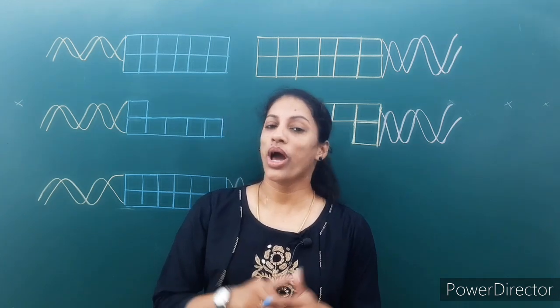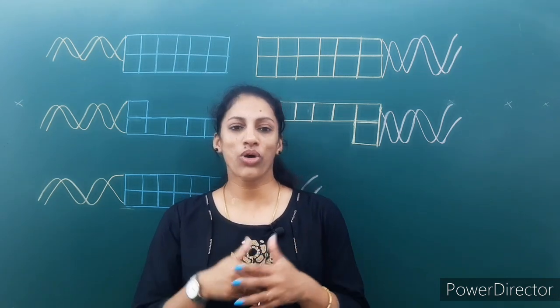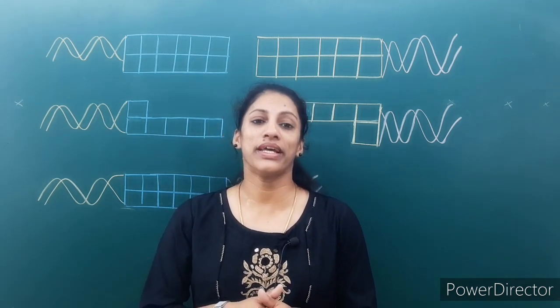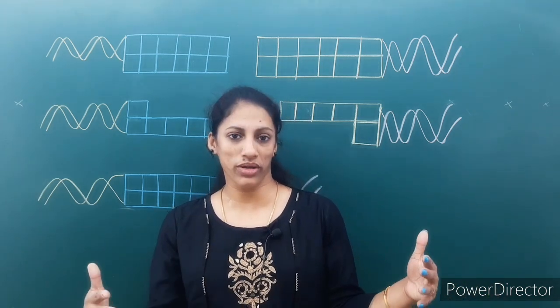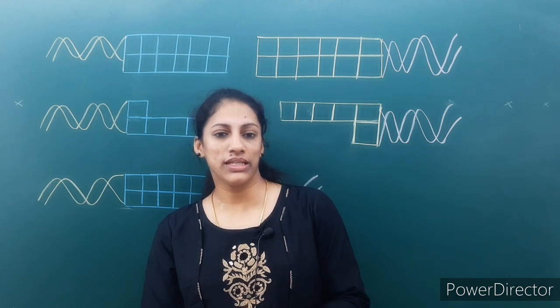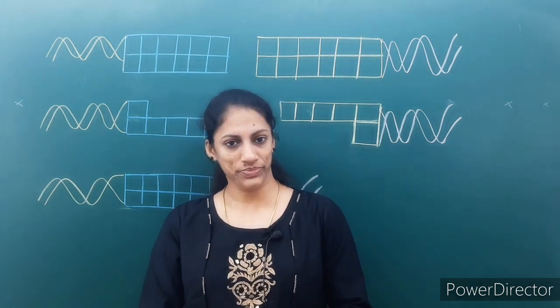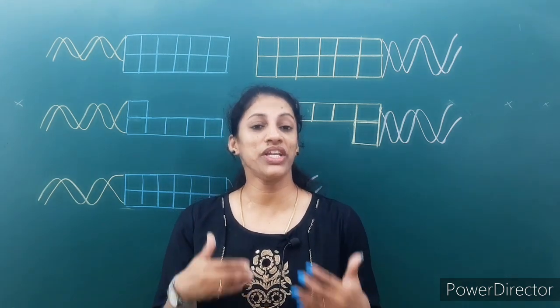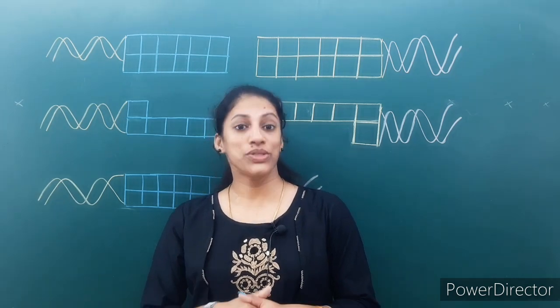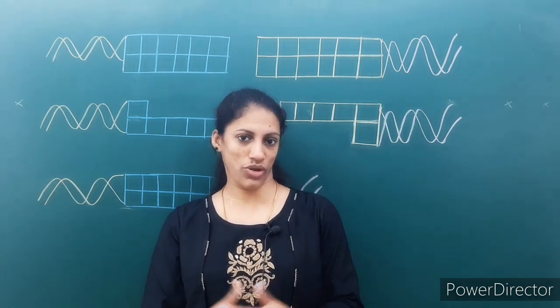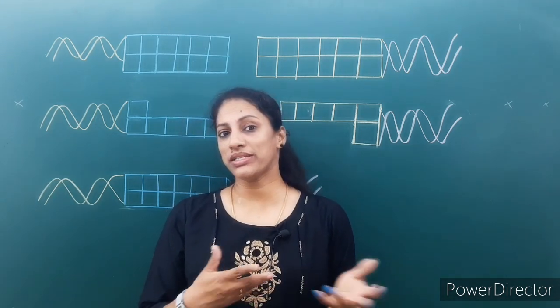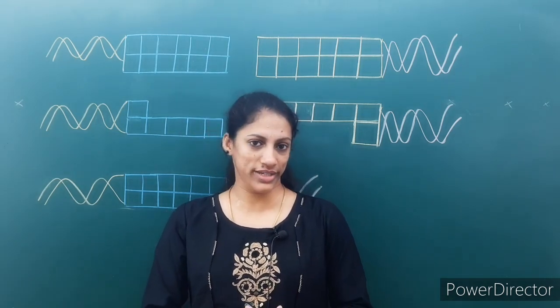Tell me where the EcoR1 enzyme can cut in a DNA. In a long DNA, wherever the EcoR1 enzyme can cut the DNA? It is a restriction endonuclease enzyme, so it can cut the DNA in between, not at the ends. The difference between endonuclease and exonuclease we have already discussed.